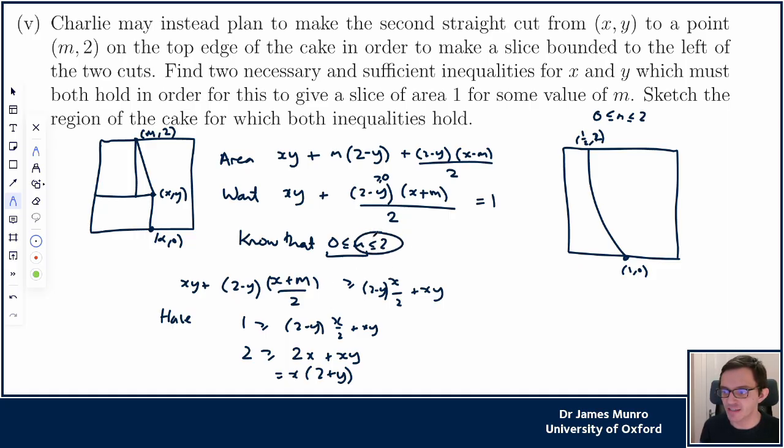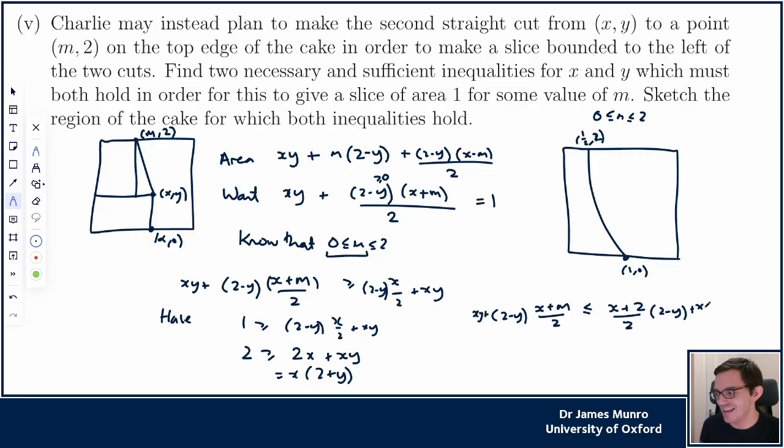We've also got this fact that m is less than or equal to 2. That gives me another thing I can write down. That means that x plus m is smaller than or equal to 2 plus x, because m is less than or equal to 2. I can divide both sides by 2. I can multiply both sides by 2 minus y, because 2 minus y is positive, and I can add on xy.